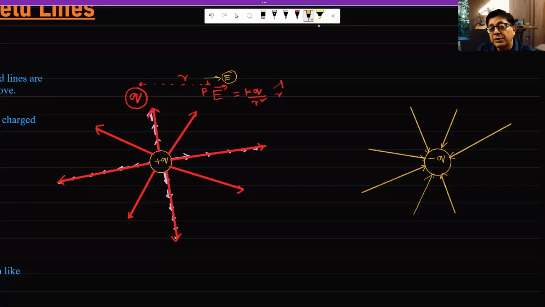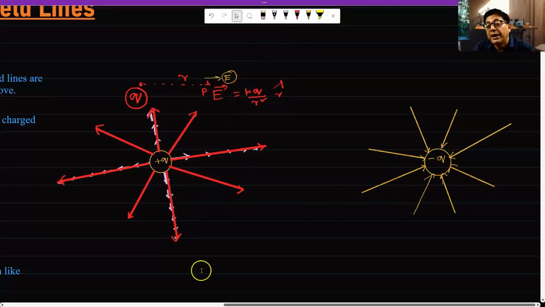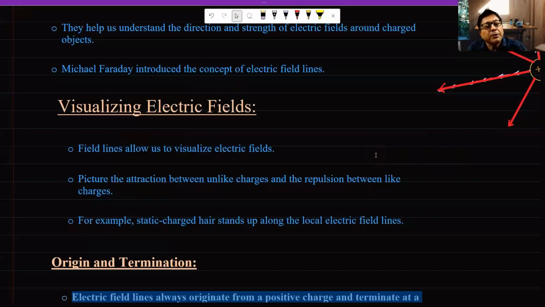So minus Q charge, it's a point charge. Towards minus Q, the electric field lines will be directed radially inward. This is the direction of electric field lines due to a negative charge. So how can you visualize electric field? By drawing electric field lines. Field lines allow us to visualize electric fields.